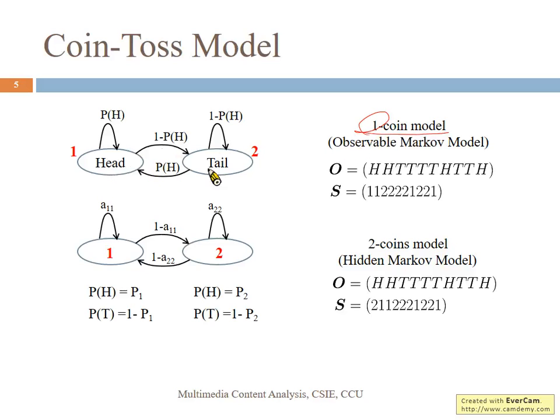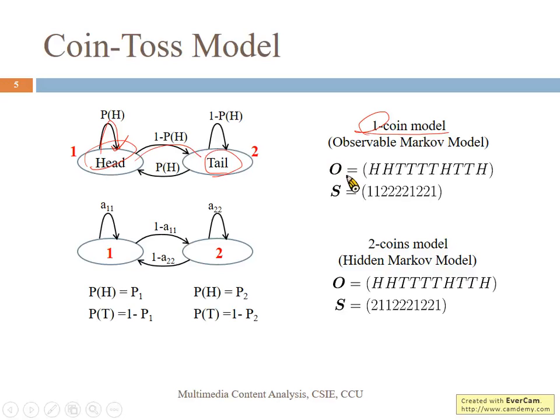So if the other person has only one coin, the Markov model may be represented like this. One state represents head, another state represents tail, and the probability of head changing to head is PH. The probability of head changing to tail is 1 minus PH. Okay, and so on.